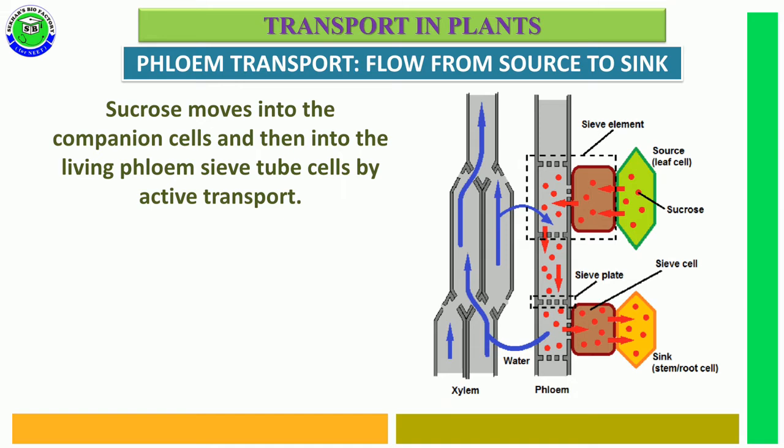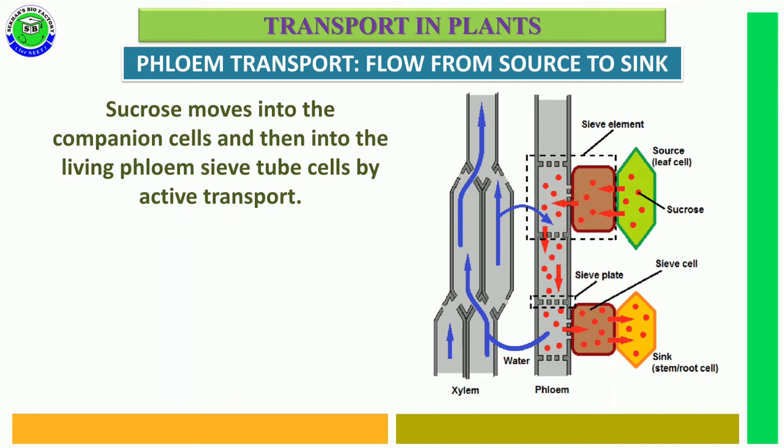During this translocation, the sucrose which is synthesized in green leaves or source moves into companion cells first. After this, the sucrose is transferred into living phloem sieve tube cells by the active transport method.